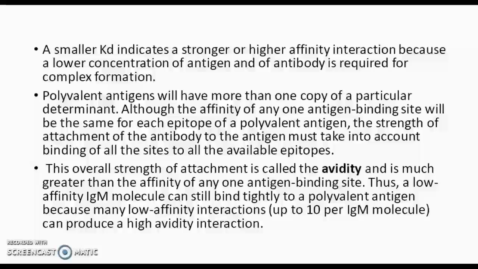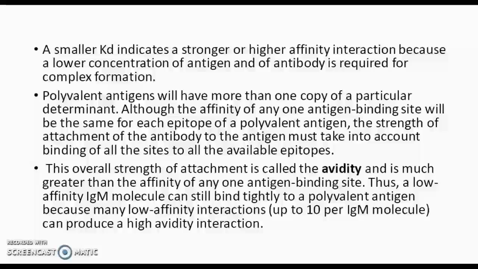Although the affinity of any one antigen binding site will be the same for each epitope of a polyvalent antigen, the strength of attachment of the antibody to the antigen must take into account binding of all the sites to all the available epitopes. This overall strength of attachment is called the avidity, and is much greater than the affinity of any one antigen binding site.